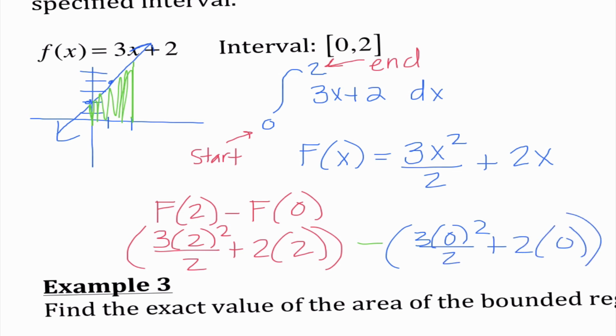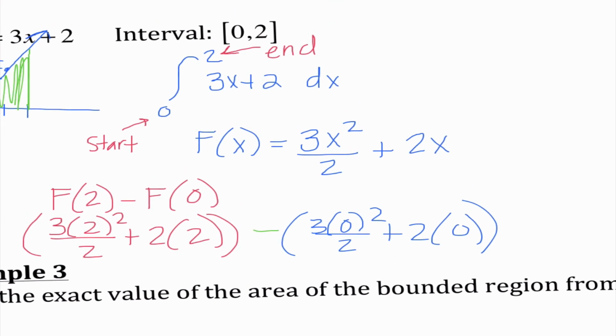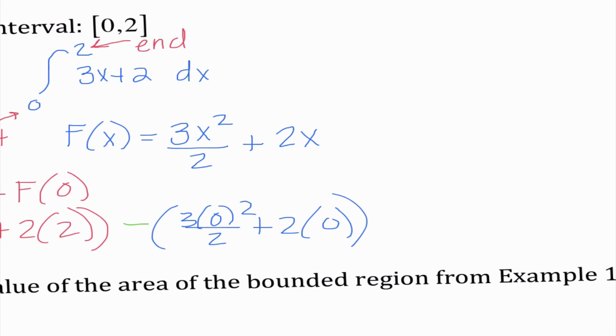I substituted 2 in for x in our indefinite integral, and then substituted 0 in for x. When we simplify, 4 times 3 is 12, 12 divided by 2 is 6, plus 4, so I get 10, minus 0. So my answer is 10 square units.